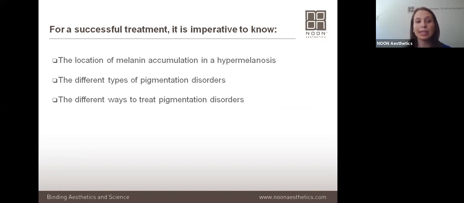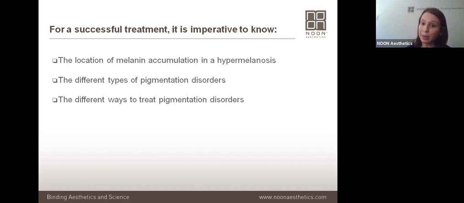So we need to understand the location of melanin accumulation, if it's epidermal or dermal, and we know it by the time that the stains have existed, by the history of medication, and of course by the Fitzpatrick type. So this can help us treat the right way.